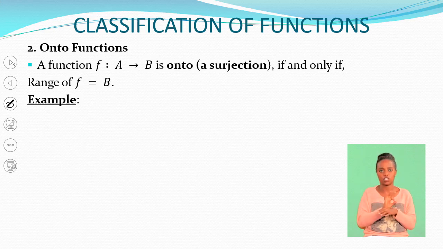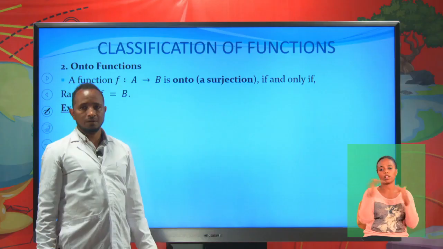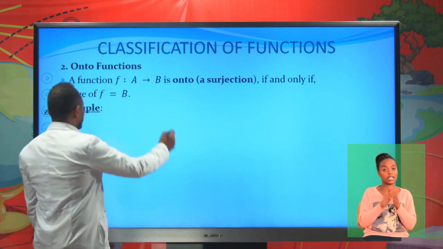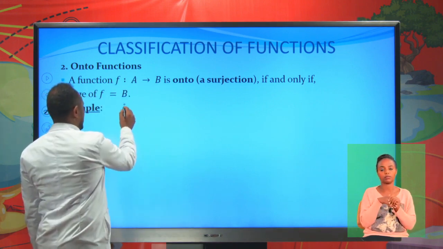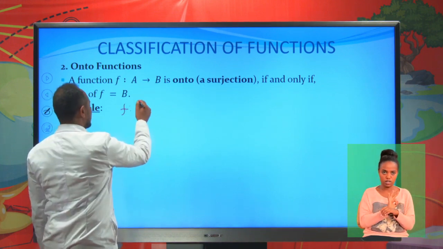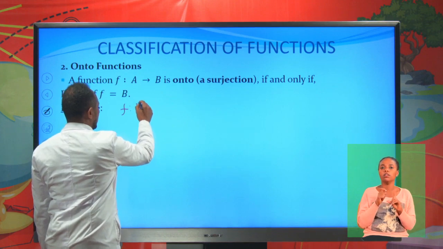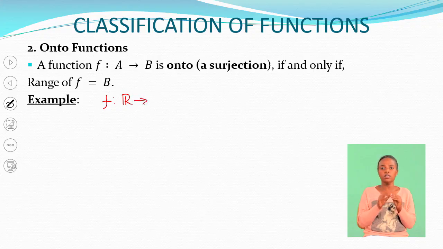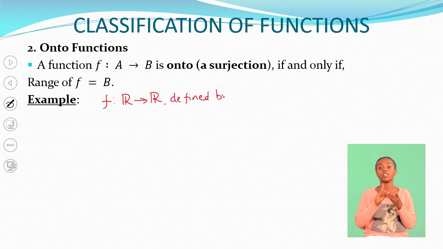A function f from A to B is onto, or a surjection, if and only if the range of f is B. So for example, let's take this one. f is a function from the set of real numbers to real numbers defined by f of x equals x squared.